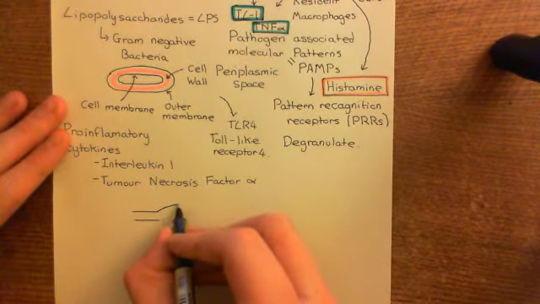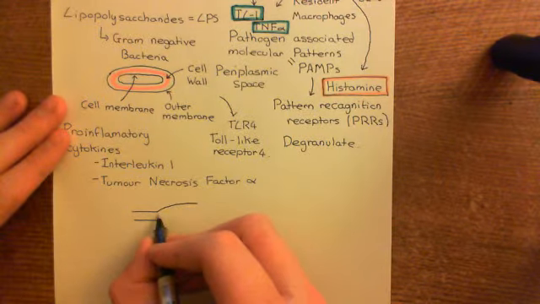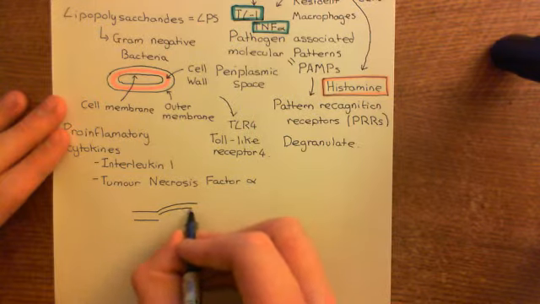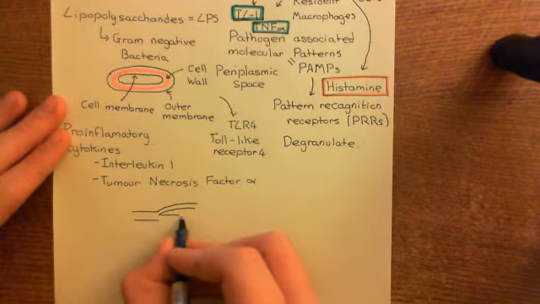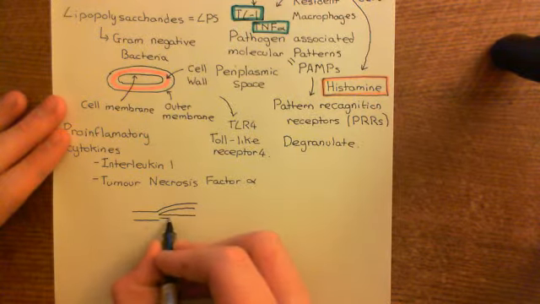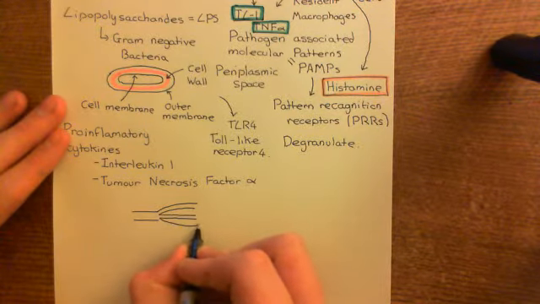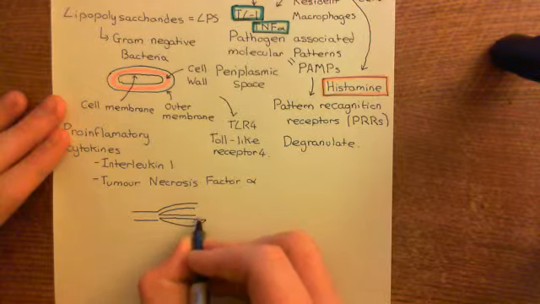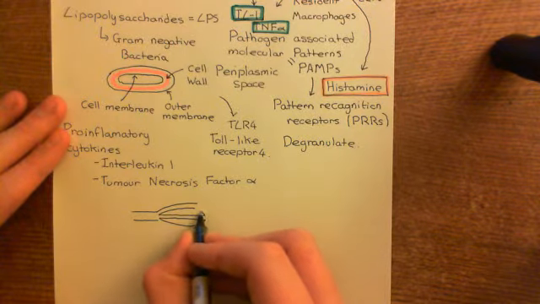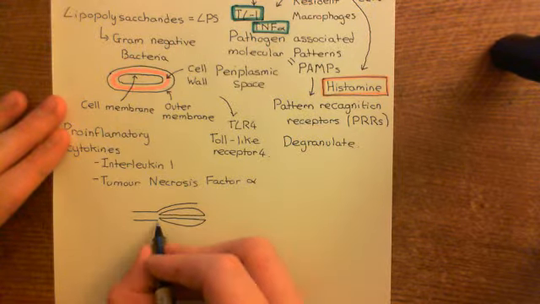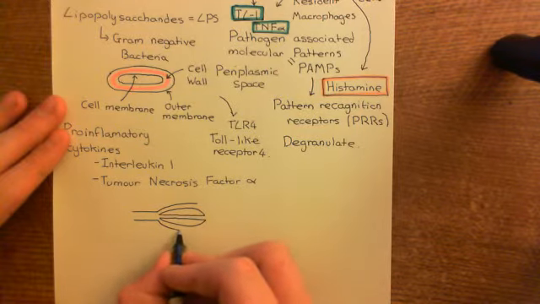Then it'll split into even smaller blood vessels, and I'm only going to draw three of these. So it splits into these tiny little blood vessels known as capillaries, and capillaries are the business end of the microvasculature, and all of the blood vessels I'm going to talk about are considered microvasculature.